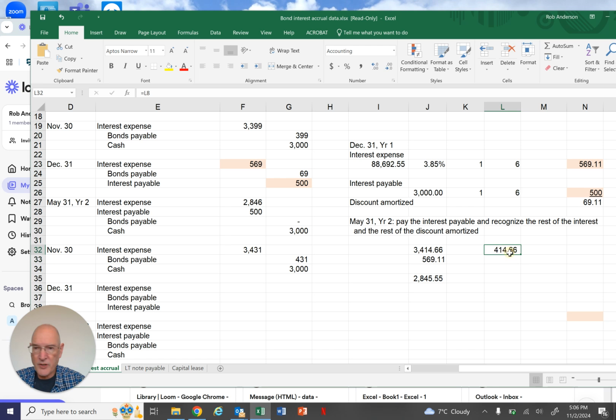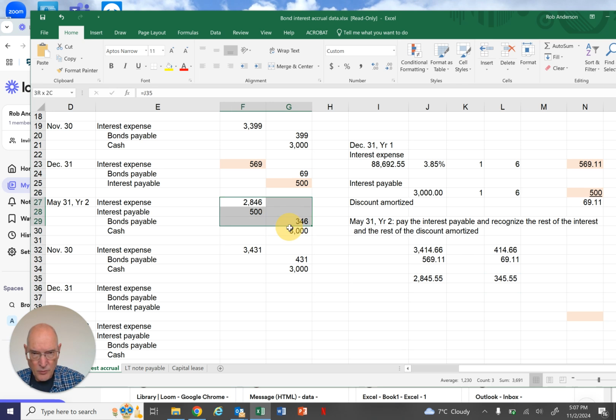So the 414 is the discount amortized for the full 6 months. The 69 is what we already recorded. So we're going to subtract those two and find out 5 months worth. Okay, there it is, 345.55.